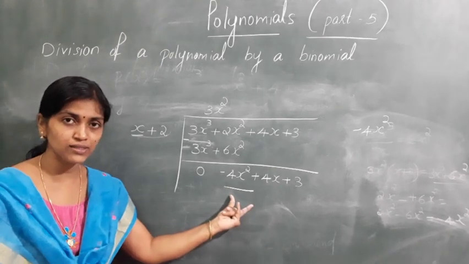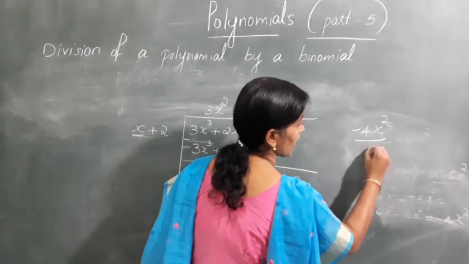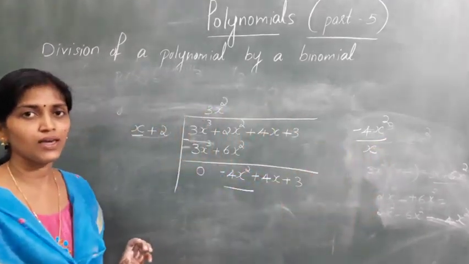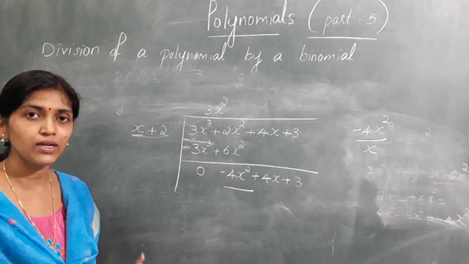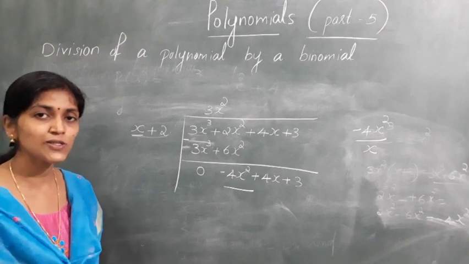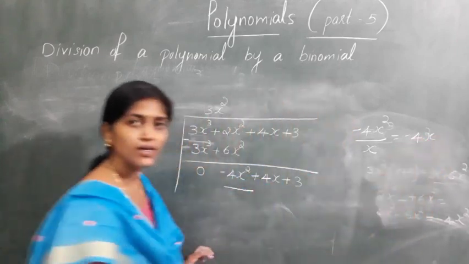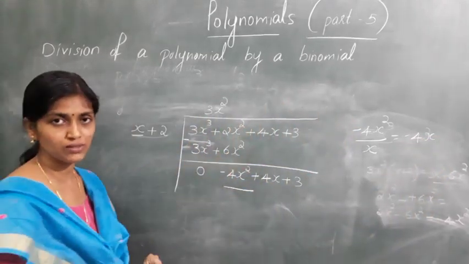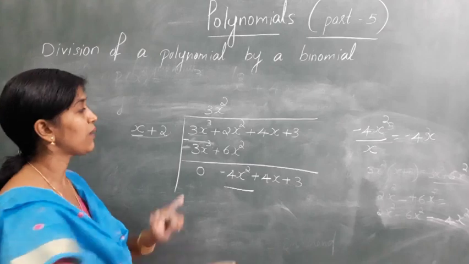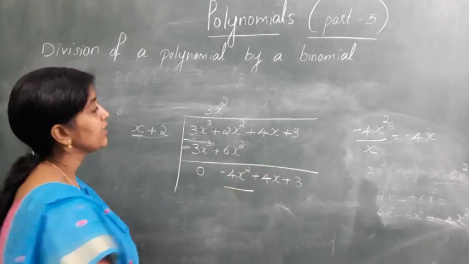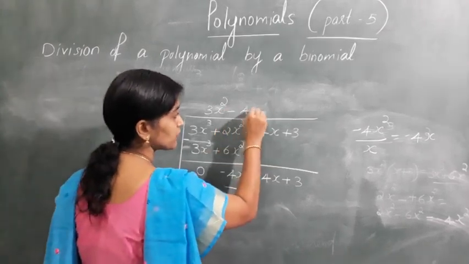So minus 4x square divided by x. What is minus 4x square divided by x? It is minus 4x. You will take this minus 4x as the next term of the quotient.